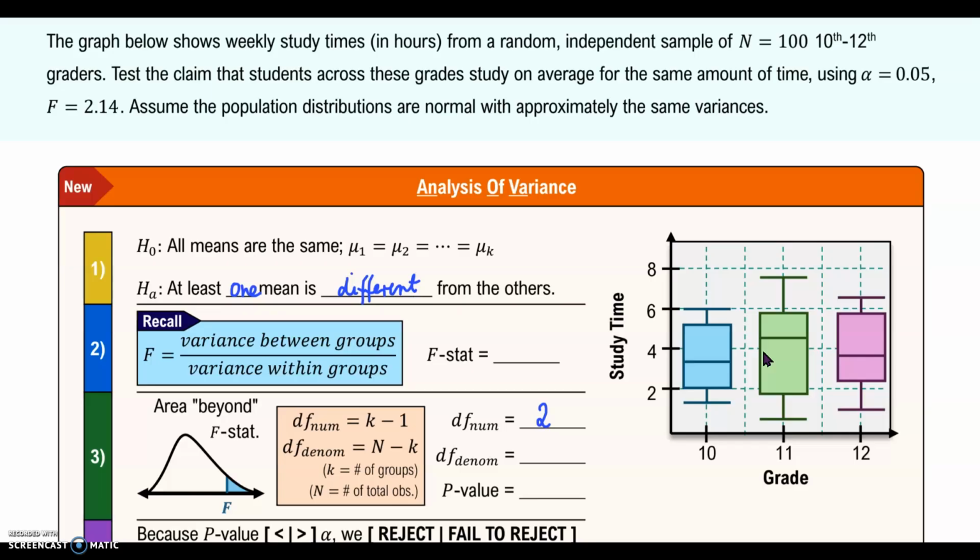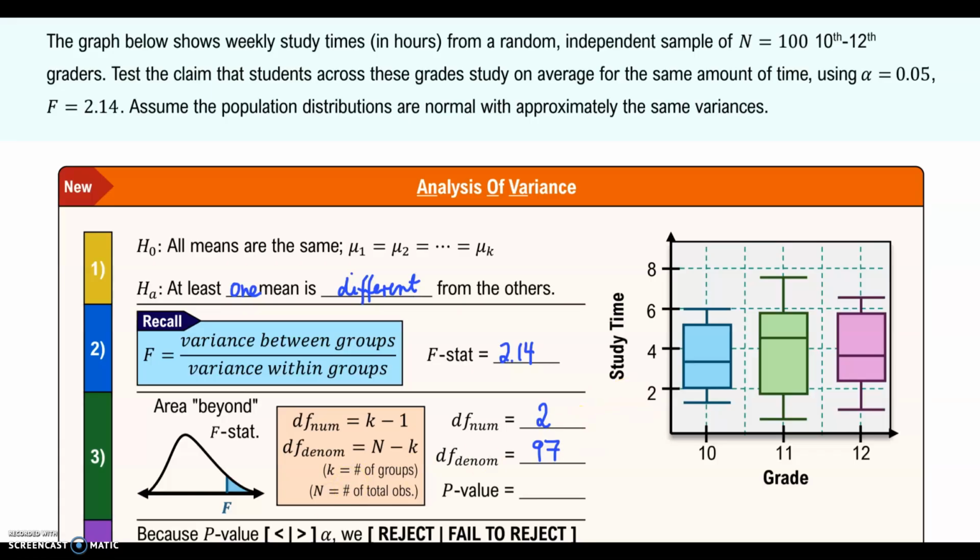The degrees of freedom for the denominator is our sample size, or our total number of people, minus the number of groups, which is 100 minus 3, is 97. Our F statistic is 2.14. And in order to find the p-value, we're going to have to use the FCDF as before.